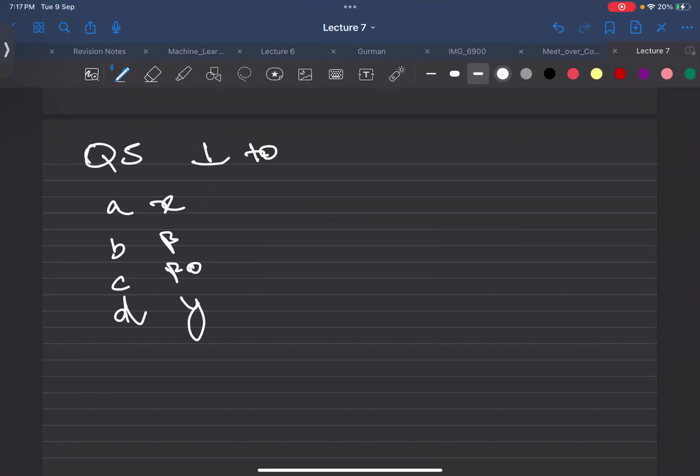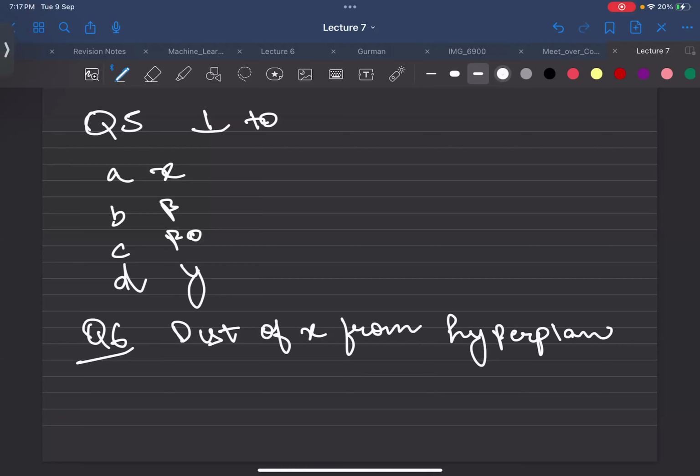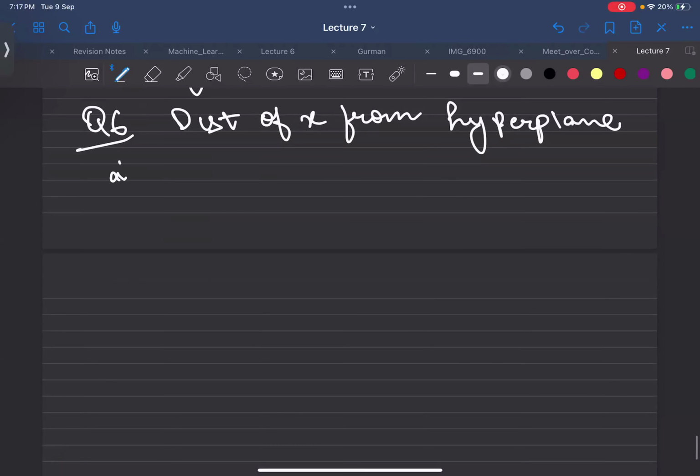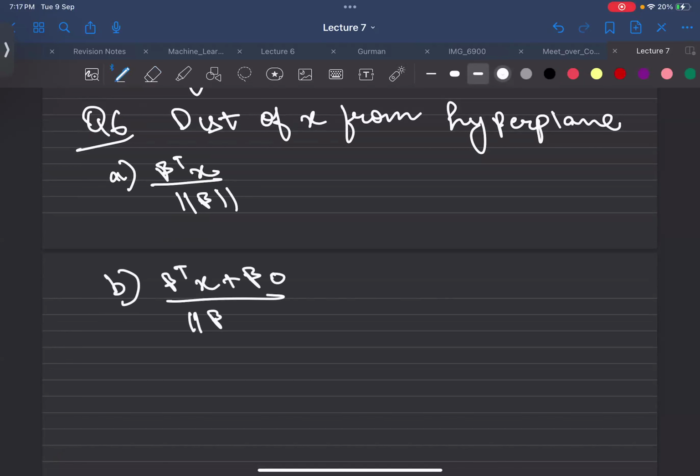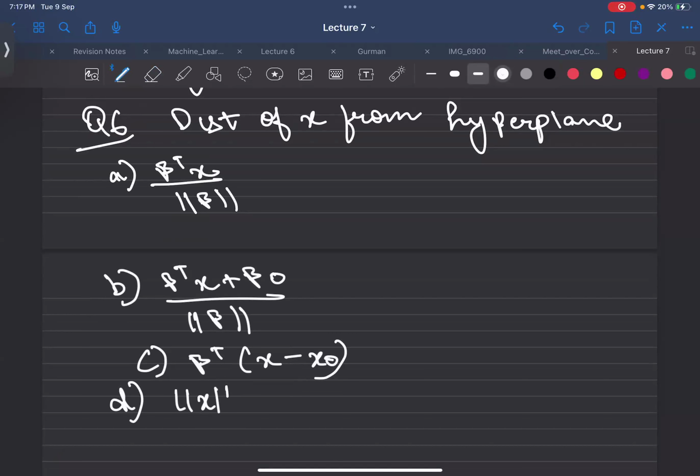Beta. Question 6: distance of x from the hyperplane. Beta transpose x. Yes, come on.